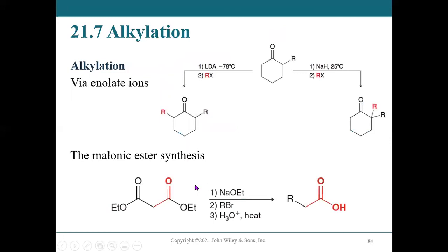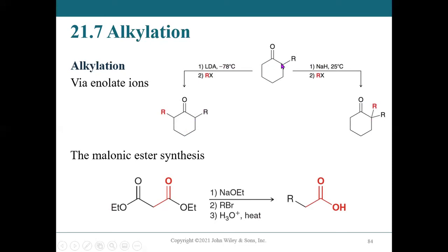Alkylation, we are using enolate. We have the symmetrical and non-symmetrical. And this is non-symmetrical. Then we have the kinetic control, which is this one. Kinetic control can happen at a lower temperature. We produce this alkylation on this less substituted alpha carbon.